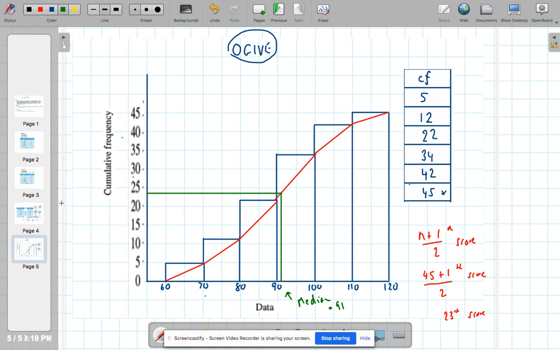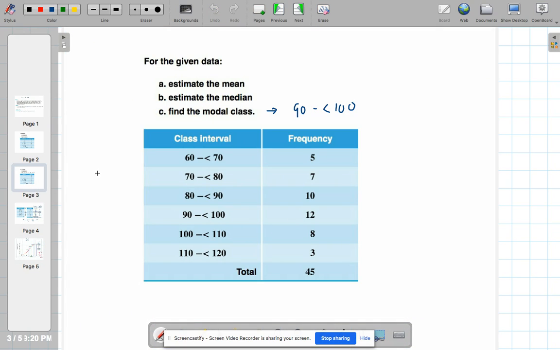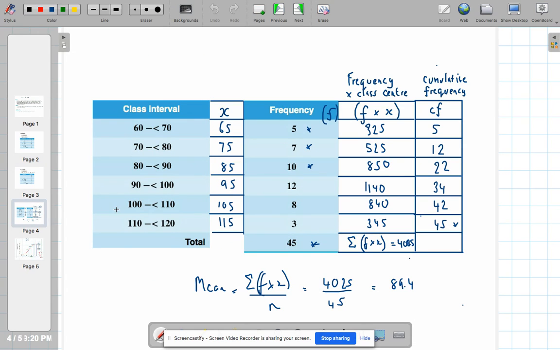All right, just to recap. We had the data in groups. Okay, 5 in that group, 7 in that group, and so on. The modal class was the group with the most in it. Simple. That group with 12 as its highest frequency was that one. Next slide, we worked out the mean. We had to times the frequencies by the middle of the group.